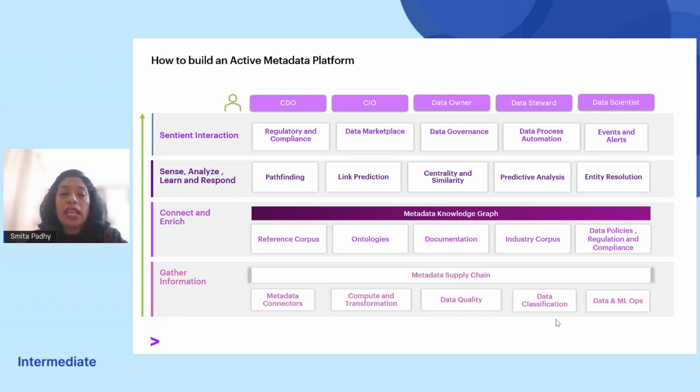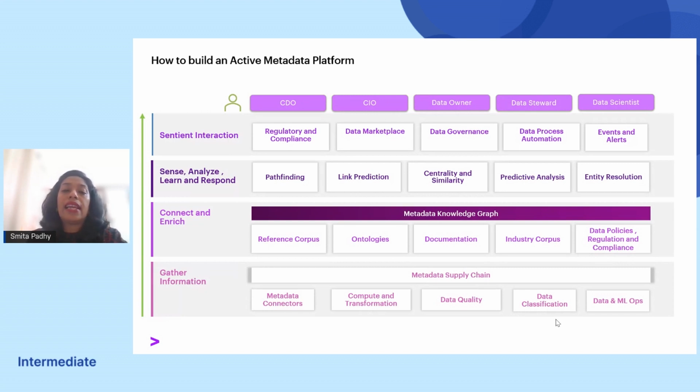In step 3, we take it a step further and make this metadata knowledge graph work for us. We sense, analyze, learn, and respond, where we leverage graph data science and other algorithms to find patterns and derive insights from this graph. The final step, step 4, is the sentient interaction.